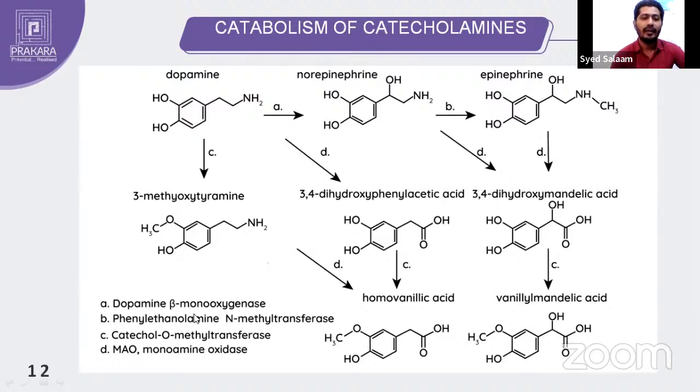Dopamine, by the action of the enzyme COMT, catechol orthomethyl transferase, will be converted into 3-methoxytyramine. The other enzyme, monoamine oxidase, converts it into 3,4-dihydroxyphenylacetic acid, which on catechol O-methyl transferase is converted into homovanillic acid. Epinephrine first reacts with monoamine oxidase and is converted into 3,4-dihydroxymandelic acid.